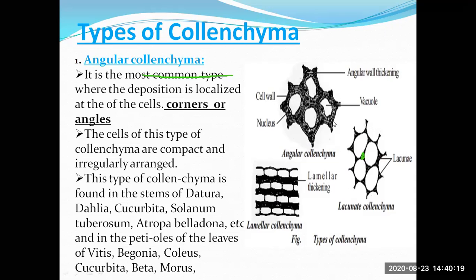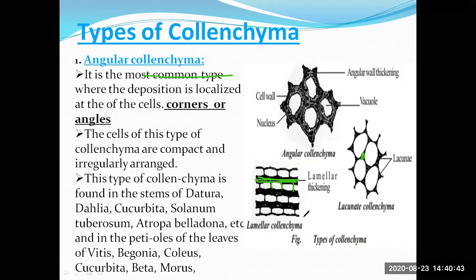Mainly you will see the thickenings here, on the tangential walls. More thickening in tangential walls, and sometimes less thickening in radial walls. This is the condition you remember. But there are no intracellular spaces.